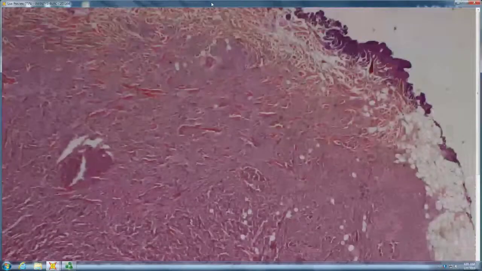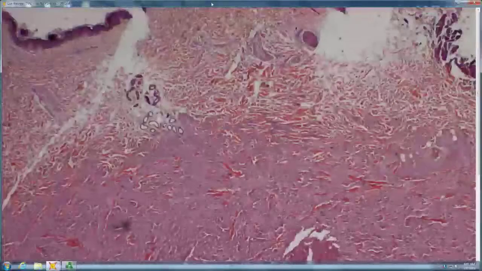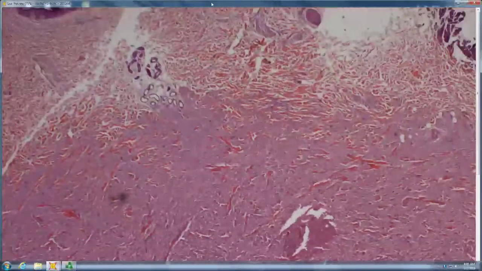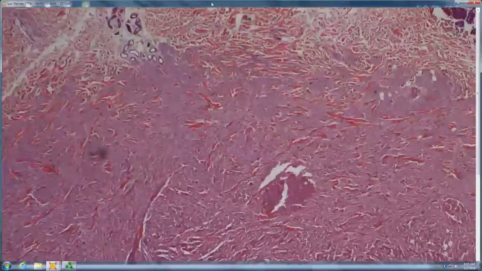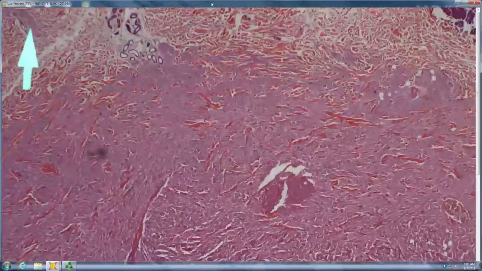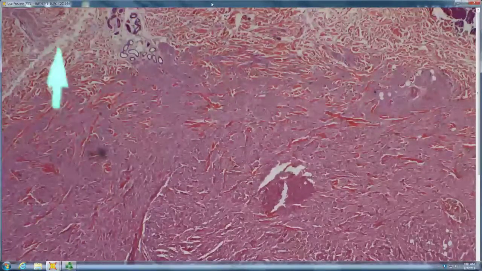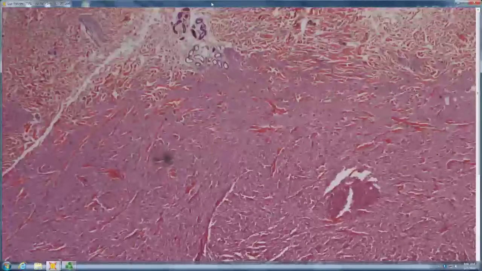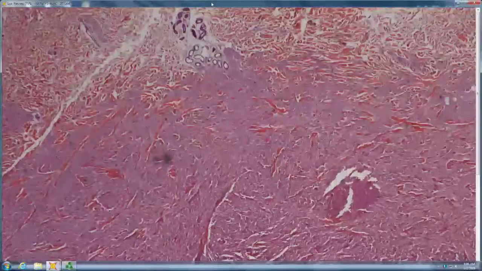Okay, how about this? Based on color alone, what is this? GCT, granular cell tumor. It's been described as the same color as erector pili. You can see the erector pili there. It's the same color. Other people have said it's the color of everything Barbie owned.